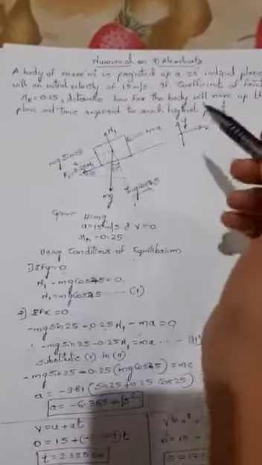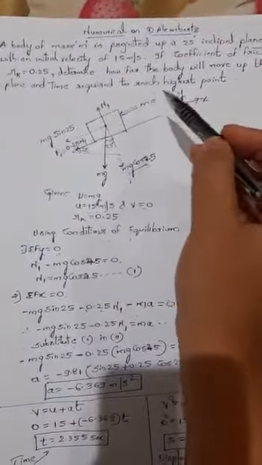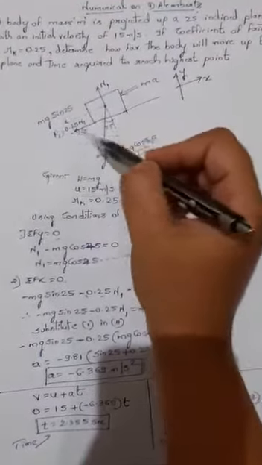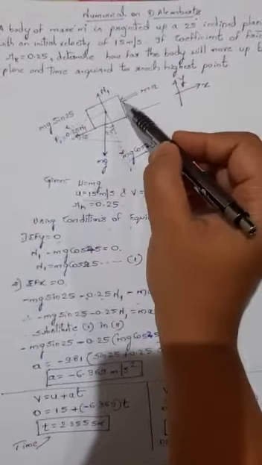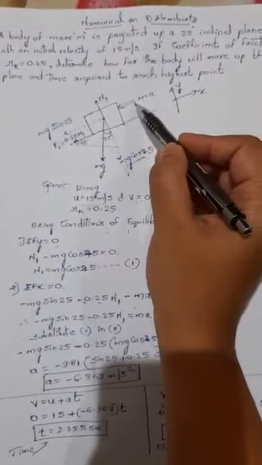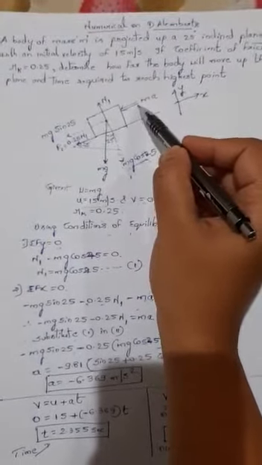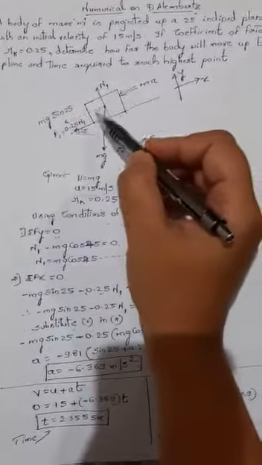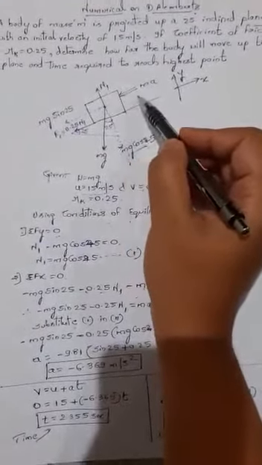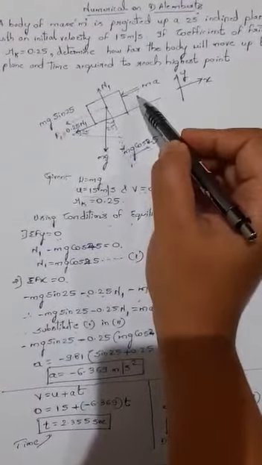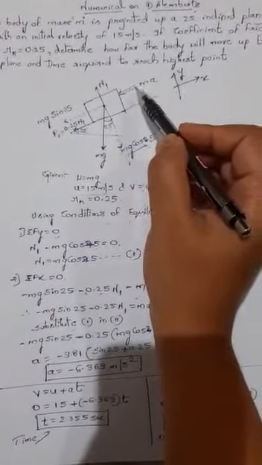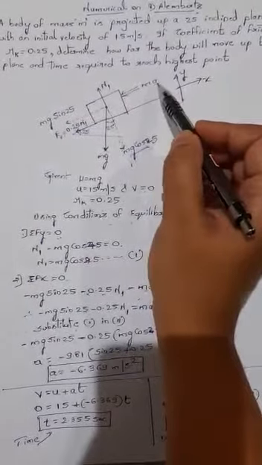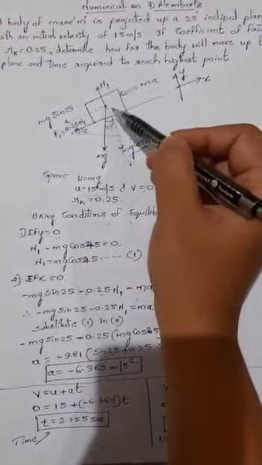In the introductory part of D'Alembert's principle, you must have seen that to show that the body is in dynamic equilibrium, we always show a D'Alembert's force in the opposite direction of motion. In this numerical, the block is moving up the plane, which means the particle is accelerated up the plane. So to bring the body into dynamic equilibrium, I will apply an inertia force of mass m into acceleration a in the downward direction.